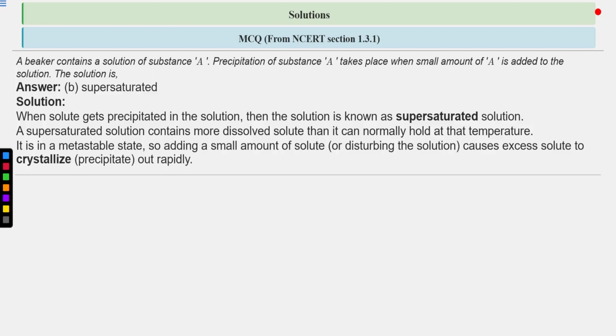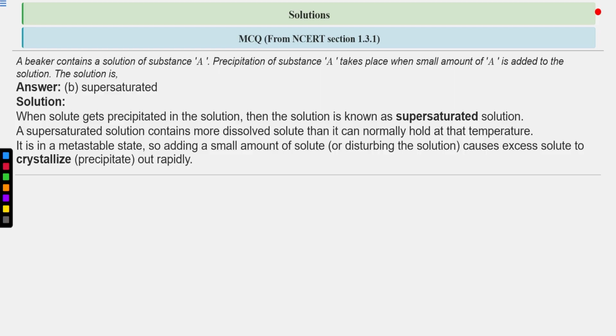So if you add even a small amount of solute, or disturb the solution, it will cause the excess solute to precipitate out rapidly, because it can't dissolve any more solute, right? The limit has been reached, saturation has been reached. Even a small additional amount of solute will start to crystallize, and that is considered a supersaturated solution.